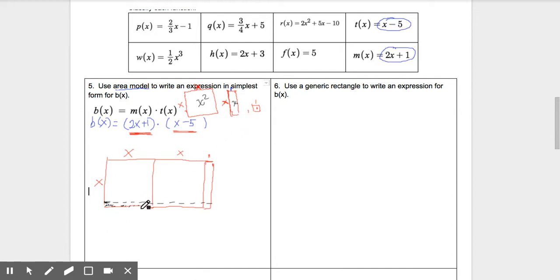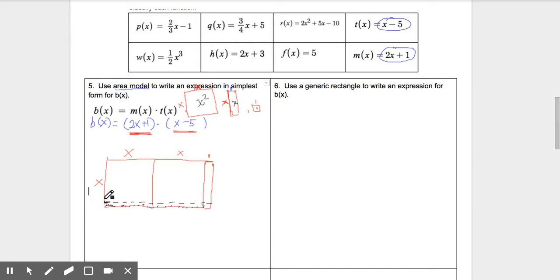That's one X tile. And here's another X tile. So I cut out 2 X tiles. And then this part here is a unit tile. So I cut out 2 X tiles and a unit tile.